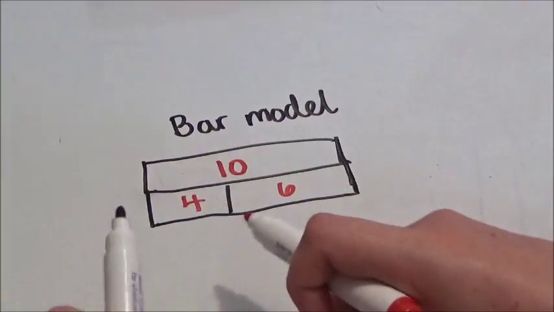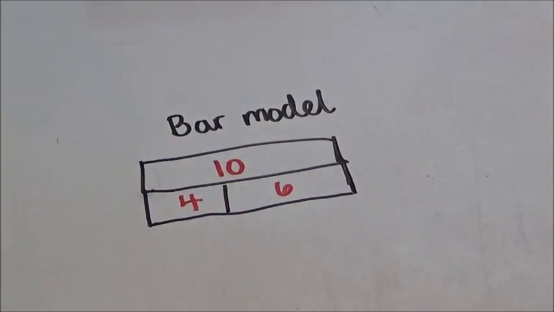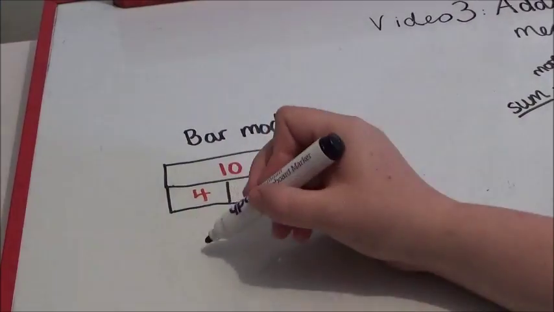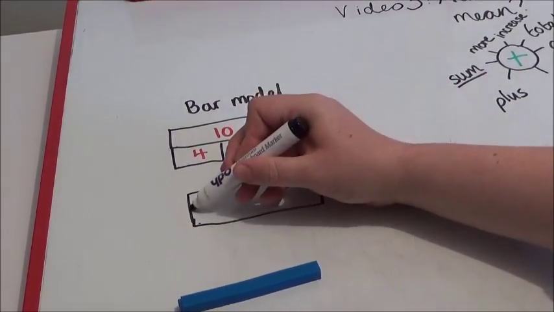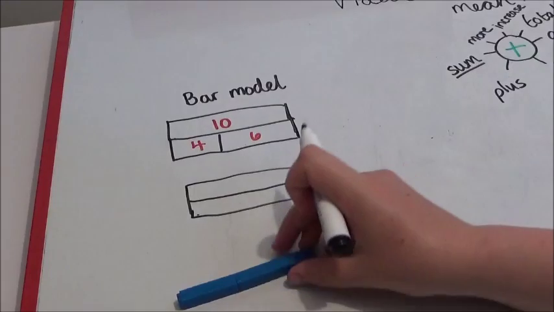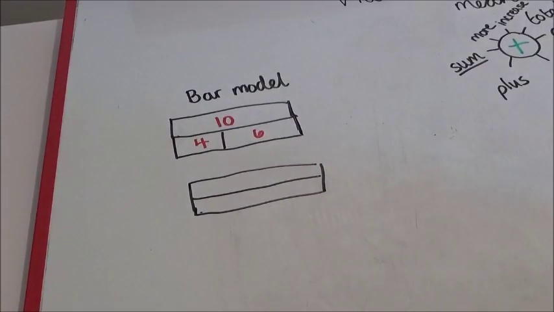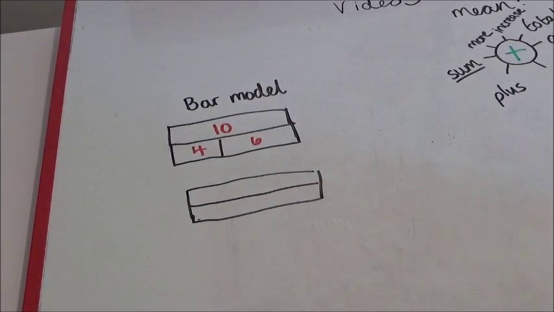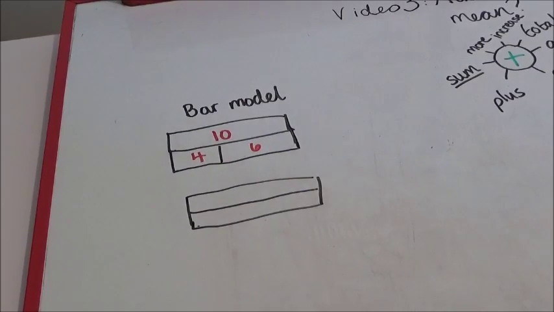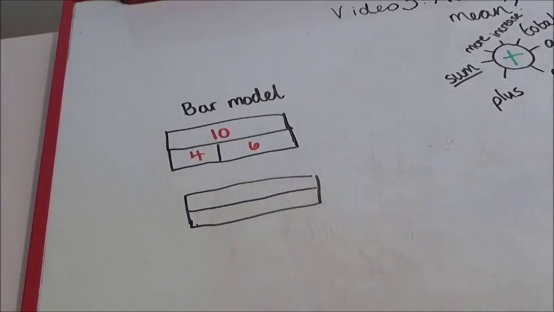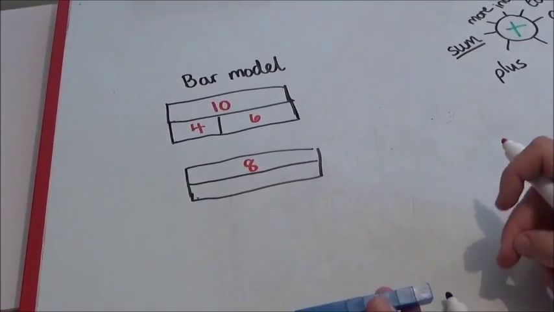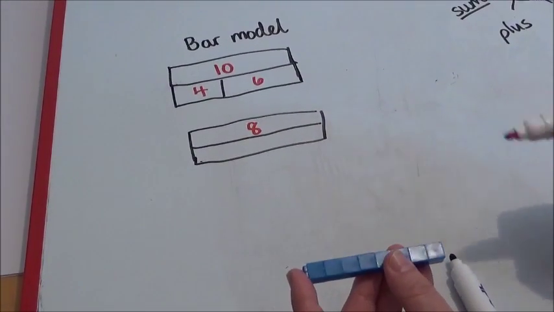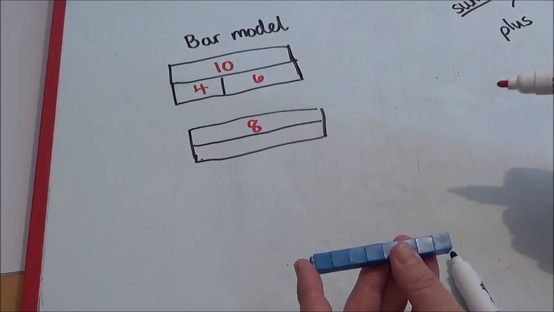If I come to do another bar model, I'm going to draw my bars. Sorry, they're a bit wonky. This time I'm going to have 8. So in my whole bar, there is 8. And I'm going to do an investigation so I can remember these number facts to help me become more fluent in adding mentally.